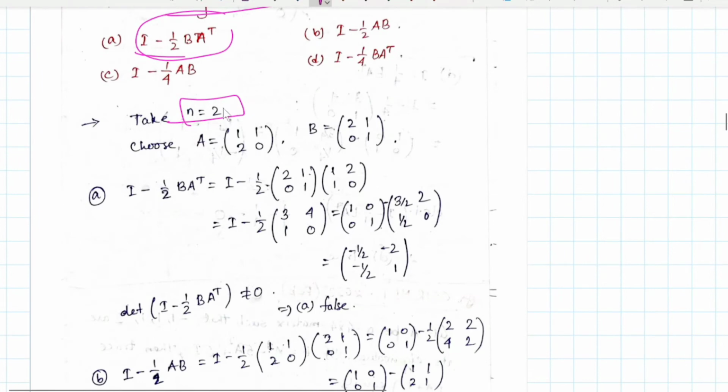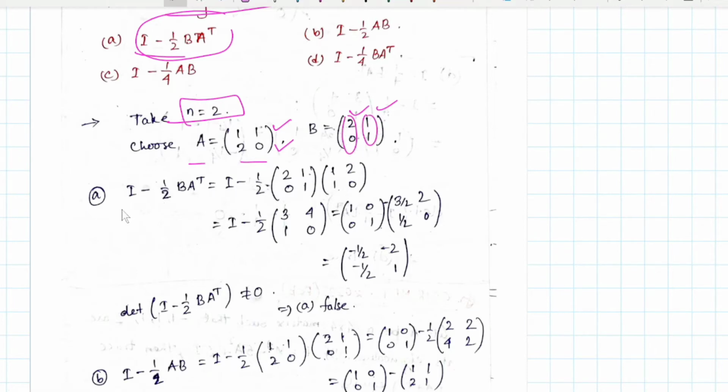Choose A equal to 1 1 2 0, so that the row sum is 2, and B equal to 2 0 1 1. I take the same matrix, just changing the transpose, so you can see easily that the column sum is 2.